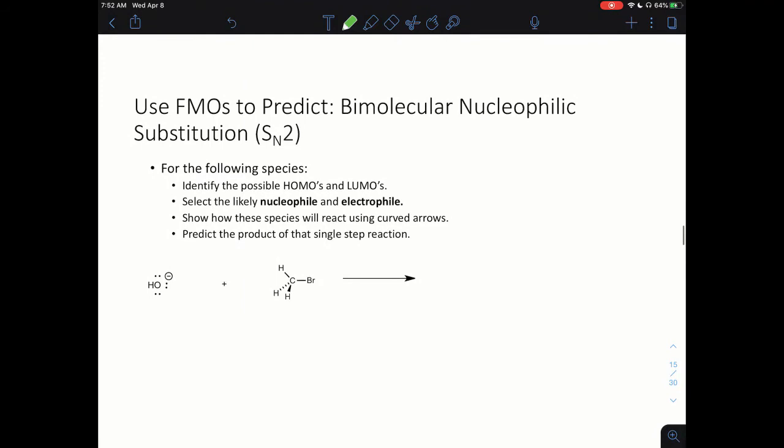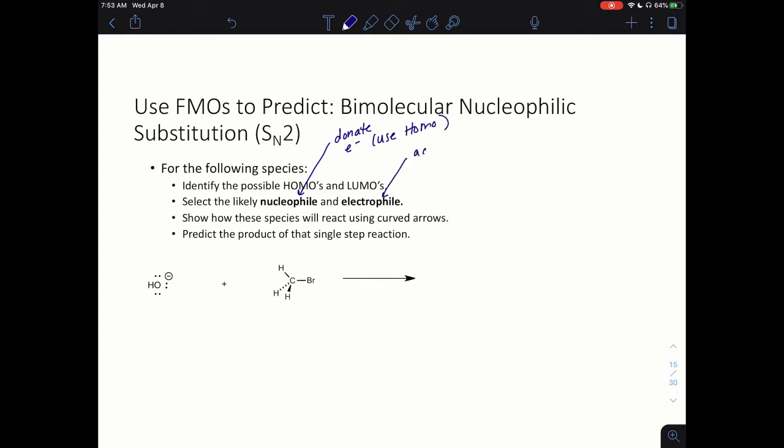Okay, we're finally ready to use this for something. For both of these molecules, I want you to pause and identify the possible HOMOs and LUMOs. Select the likely nucleophile and electrophile. All right, what do nucleophiles do? Nucleophiles donate electrons, so they're going to use the HOMO.